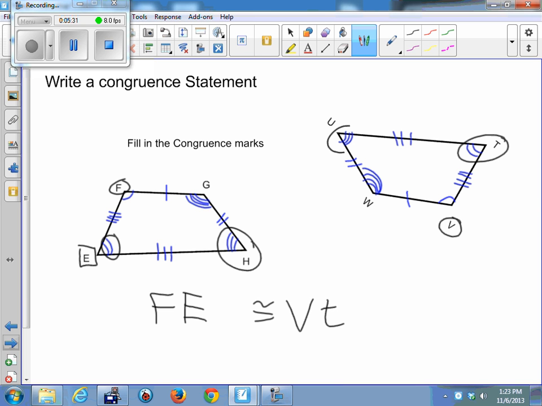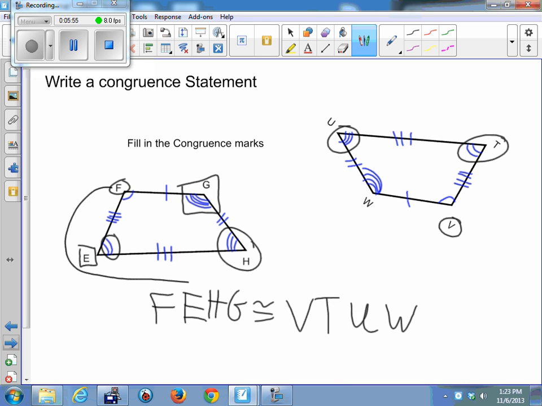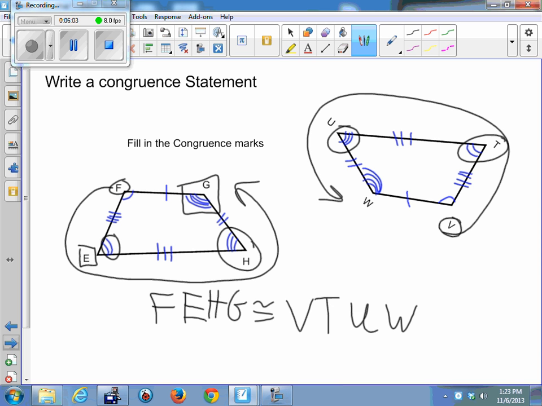The one with three congruence marks here is U. And the last one is G. This is H. This is G. So we have T, U, and then W here. Now notice that these go in order. It is F, E, H, G. Same thing with the other one: V, T, U, W. So this is a congruent statement at the bottom.